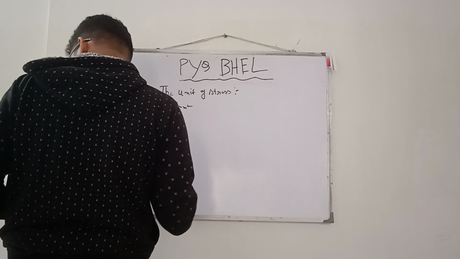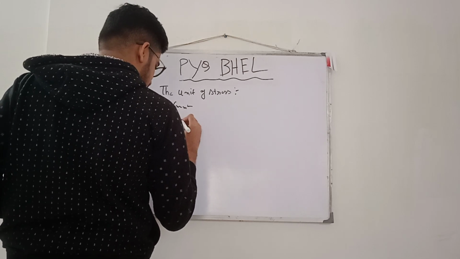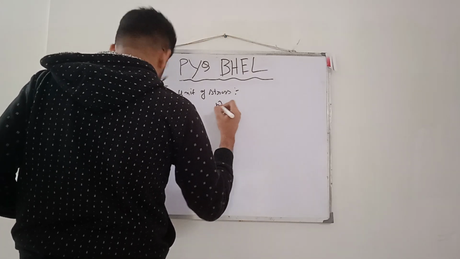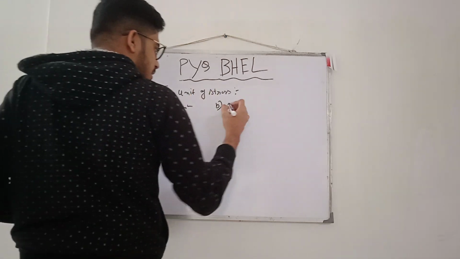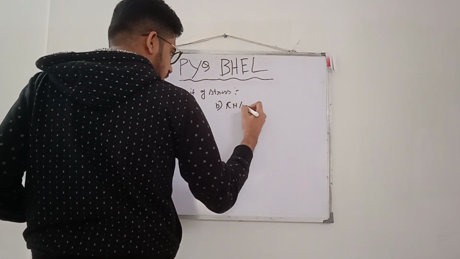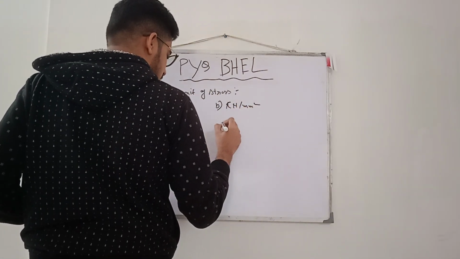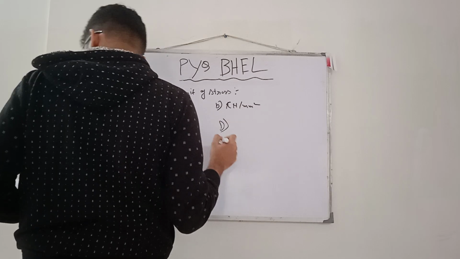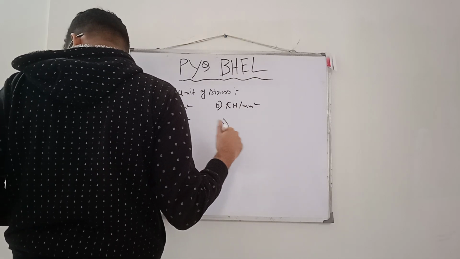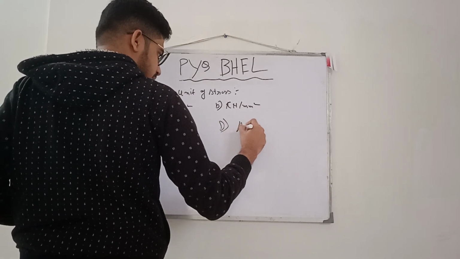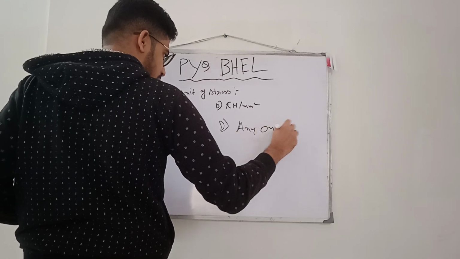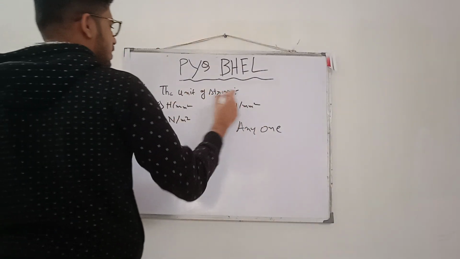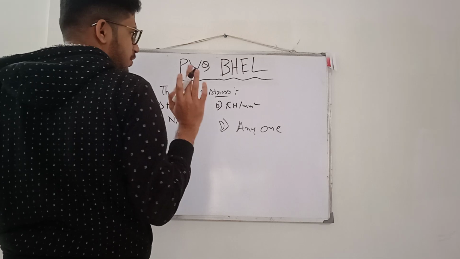C is Newton per meter square. B is kilonewton per mm square. And D is what? Does anyone know the unit of stress?